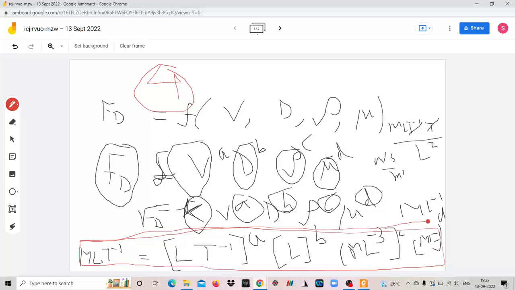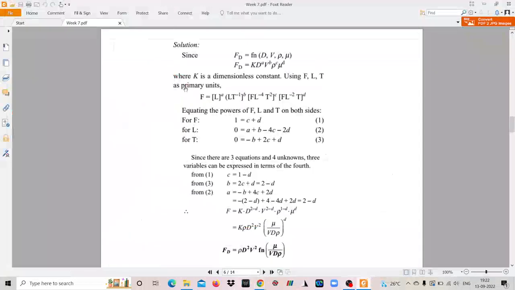Now, in this problem, how has it been done? Here force F has been considered as a fundamental unit, along with length and time. Based on this A, B, C and D, equating the powers, F is equal to D, D is L, L to the power A, V is LT to the power minus 1.